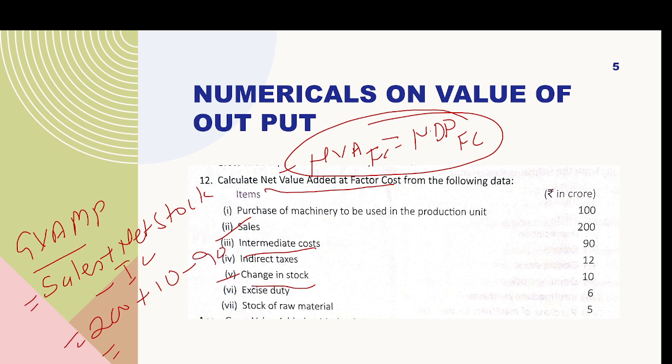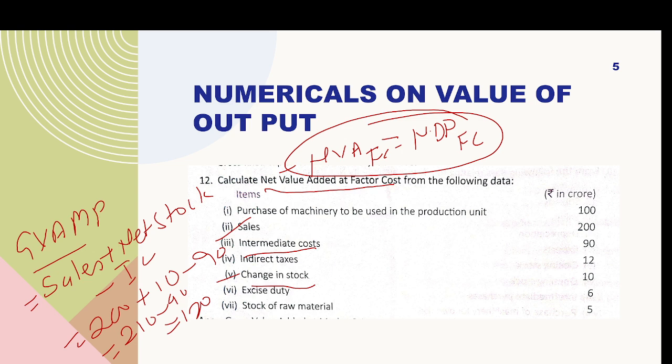So you will easily get 210 minus 90 equals 120. Students, am I right? 210 minus 90 equals 120.